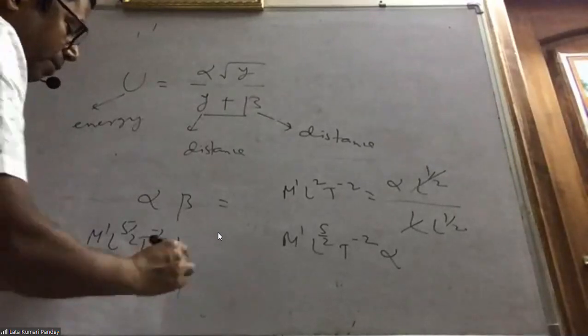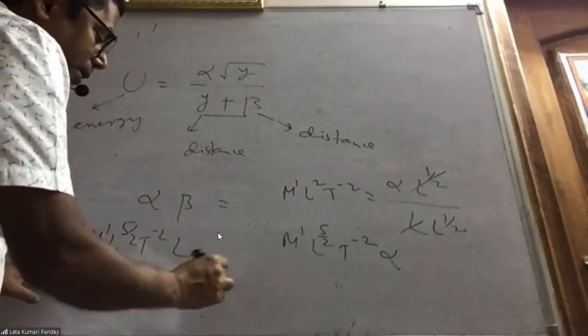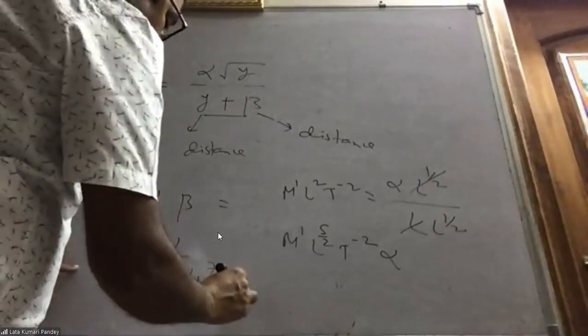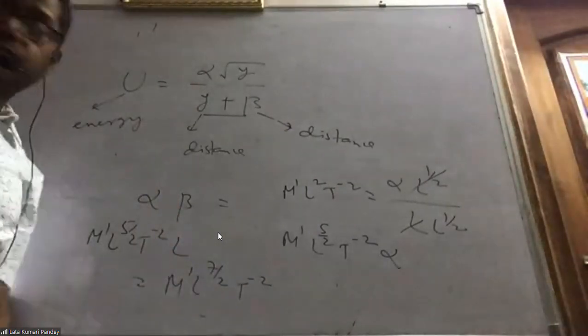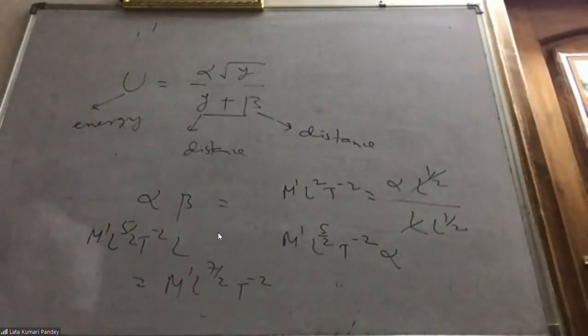This will be M power 1, L power 7 by 2 and T power minus 2. Okay?